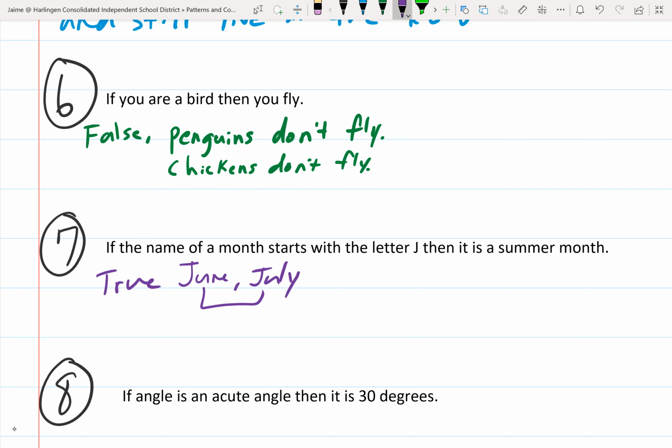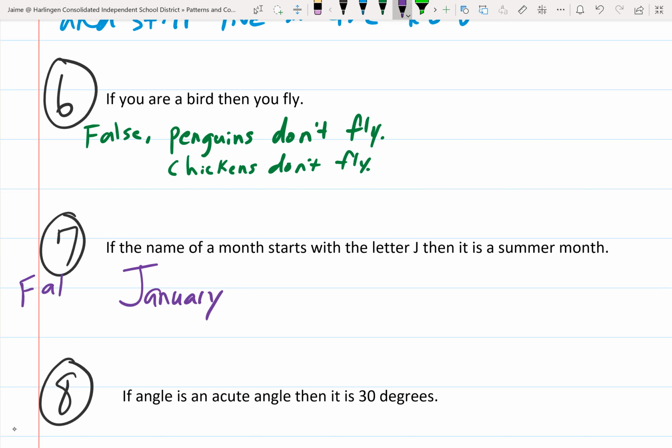Are those summer months? Yes. But we're missing one more. What other month starts with the letter J? January. And January is not a summer month. So false. January is not a summer month.